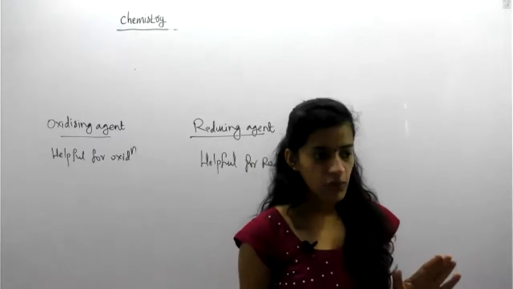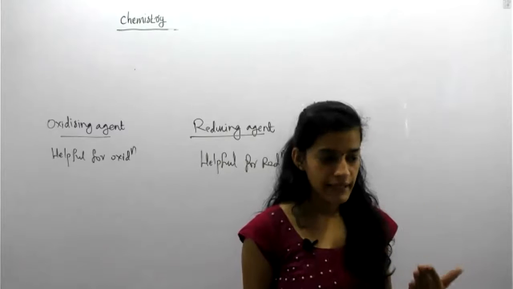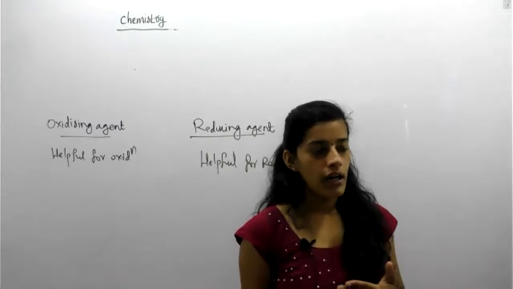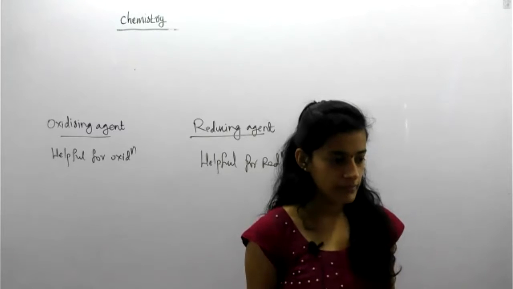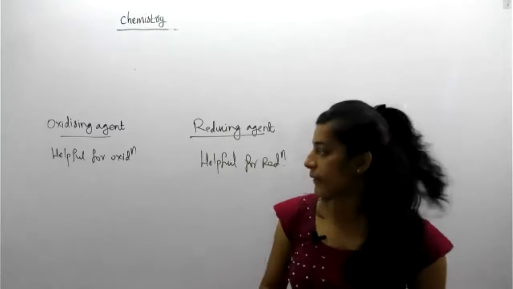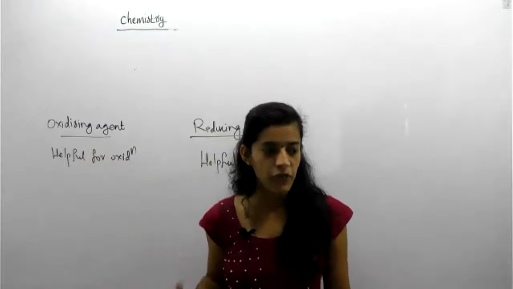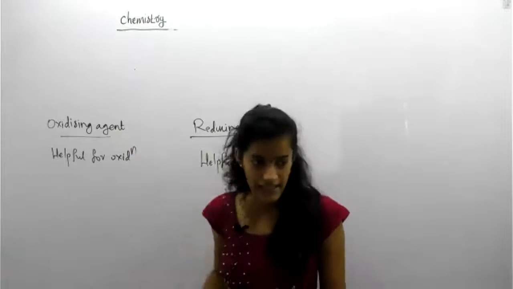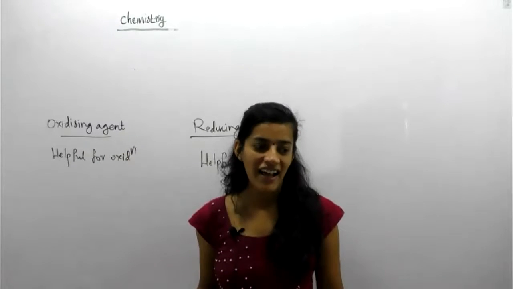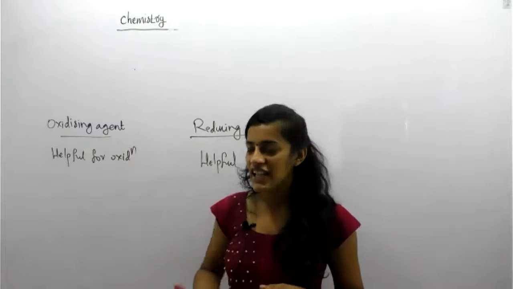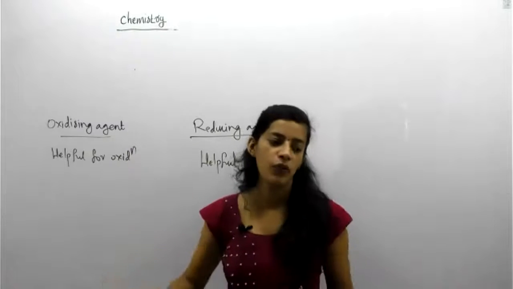Oxidation means it is a method for removal of electron. But by this definition, being helpful for oxidation means oxidizing agent. So my question is, does the oxidizing agent accept electron or remove electron?